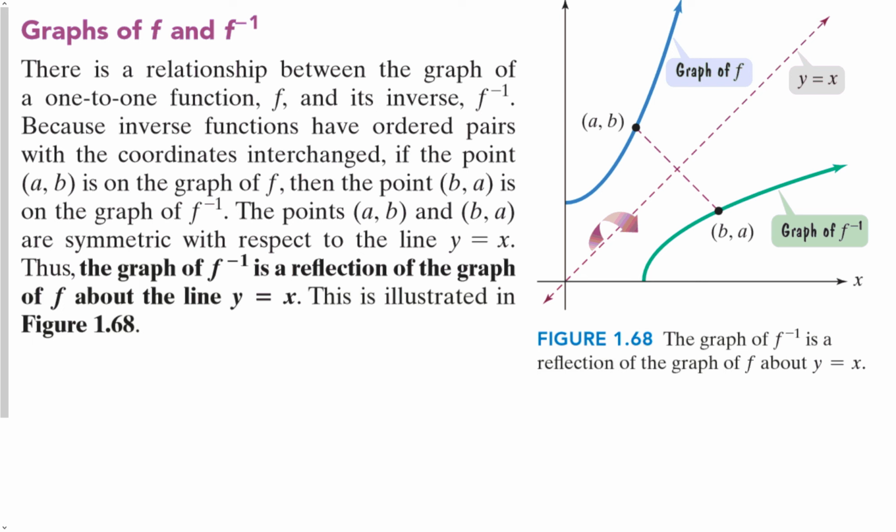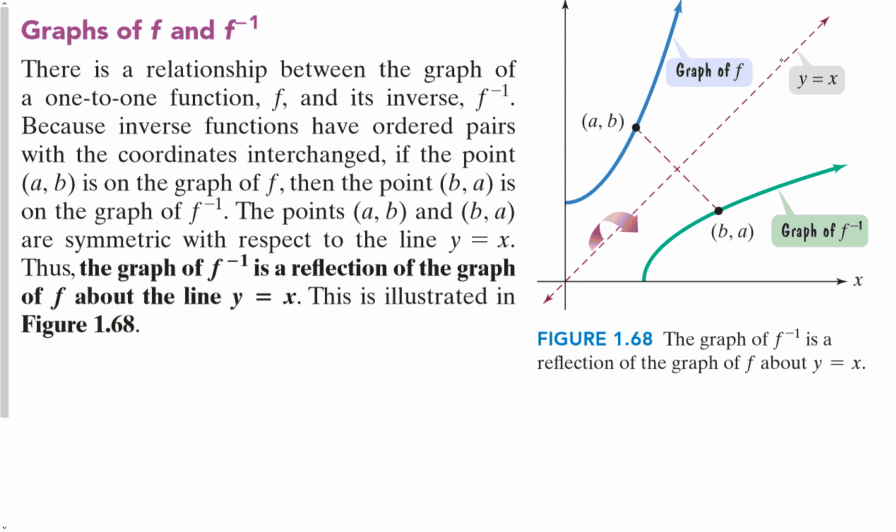Because inverse functions have ordered pairs with the coordinates interchanged, if the point (a, b) is on the graph of f, then the point (b, a) is on the graph of f inverse. The points (a, b) and (b, a) are symmetric with respect to the line y equals x. Thus, the graph of f inverse is a reflection of the graph of f about the line y equals x.